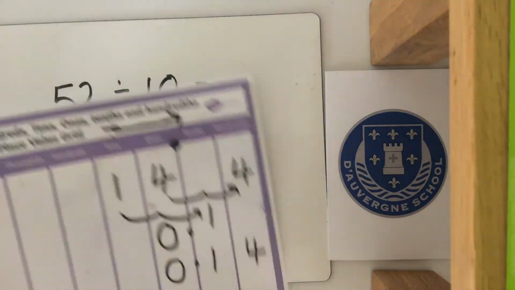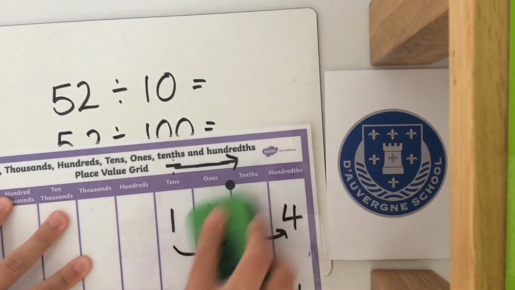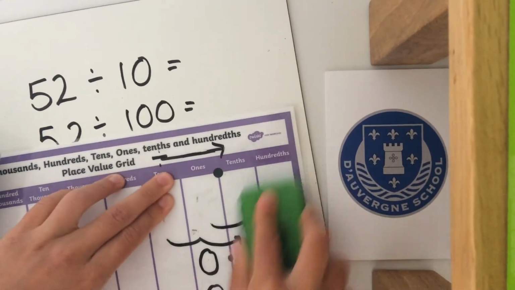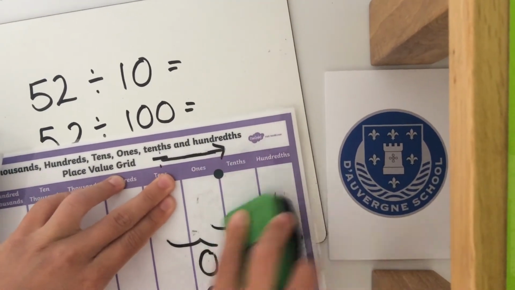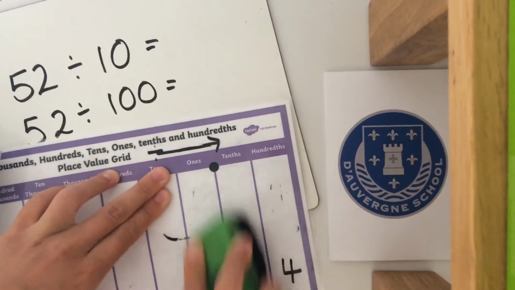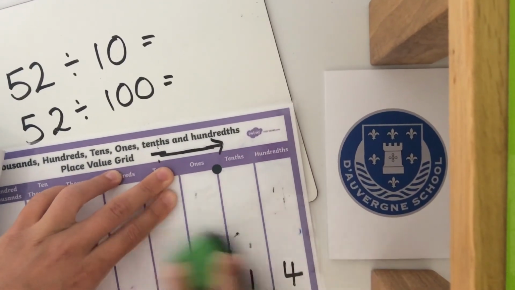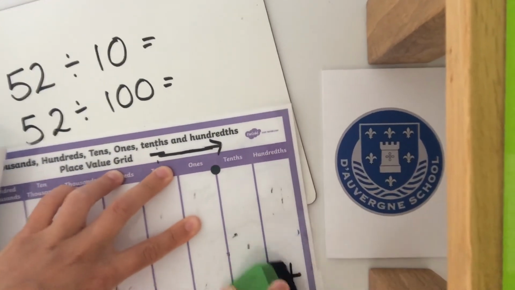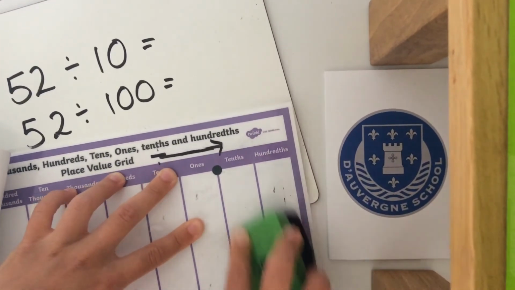Okay, and this is where it might be useful for you to have your place value grid either printed out from the Google Classroom or one drawn yourself on a little bit of paper. Okay, so when we divide by 10, how many spaces do we move the digits?